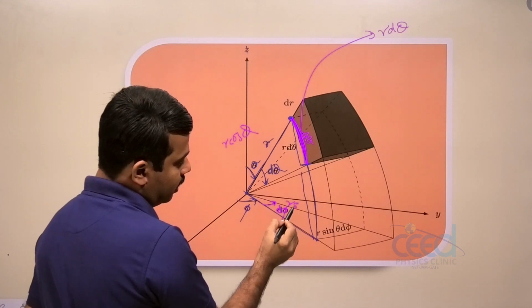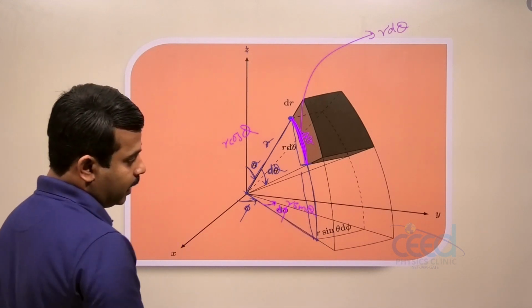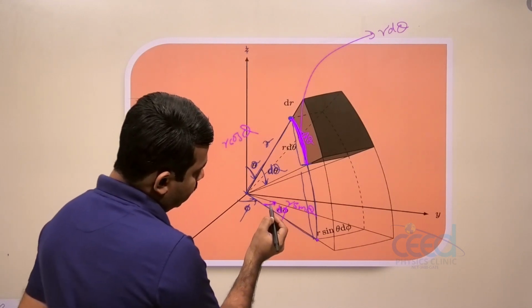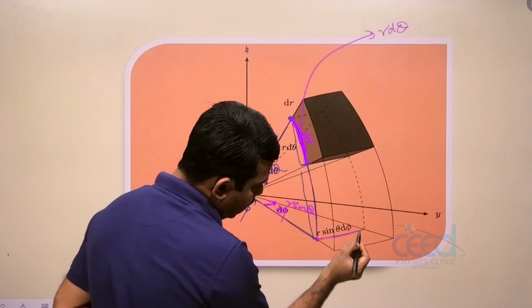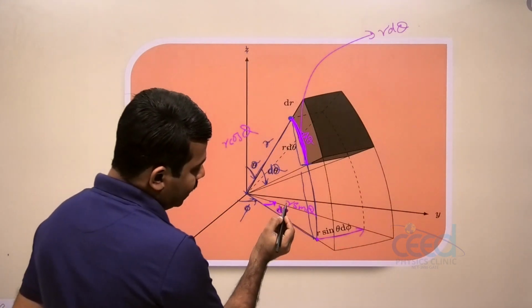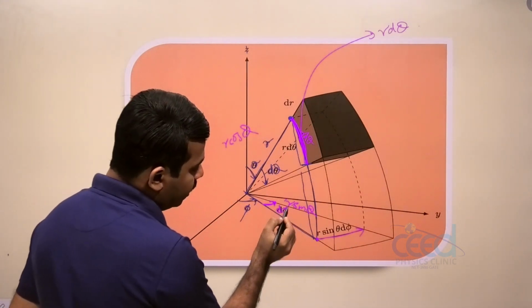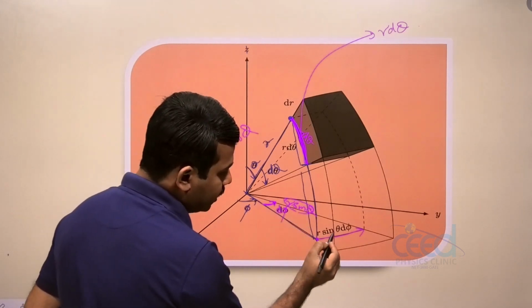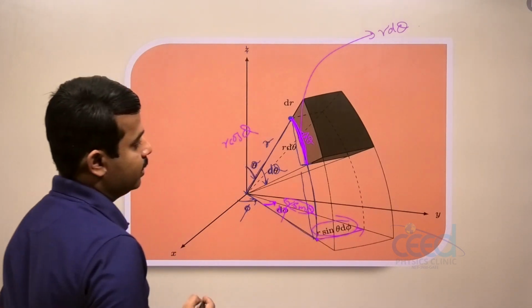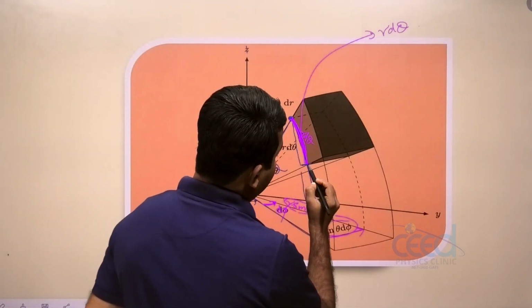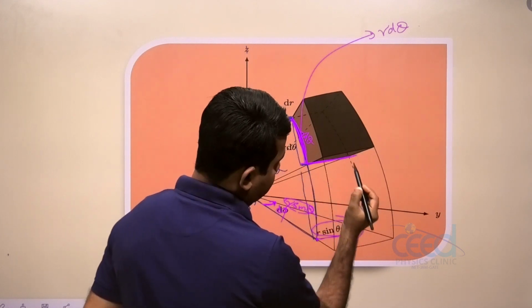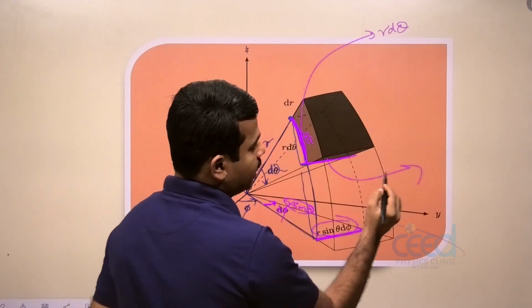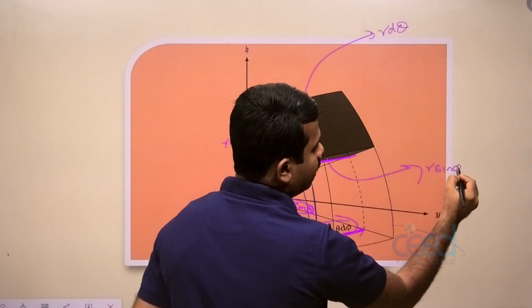What is the length increased here because of d phi? What is the radius here? It is r sin theta, so the length increased is r sin theta d phi.